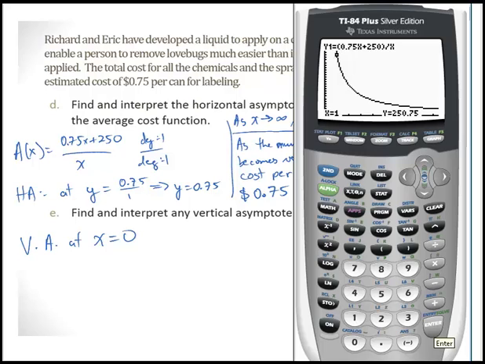So notice if you produce 1 can, the average cost of that 1 can is $250.75. Now, if you could produce a smaller and smaller number of cans, what if you could produce 1/10 of a can? Wow, that cost would be $2,500 for that 0.1 of a can. So this is difficult to interpret because it doesn't really make sense to move left of x equals 1.